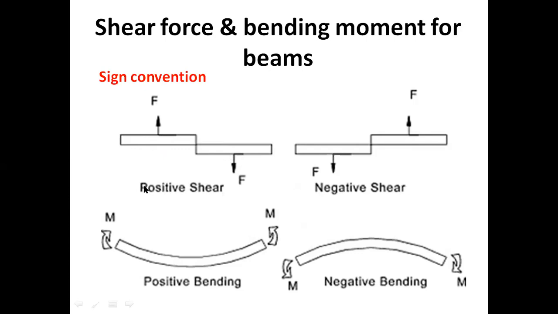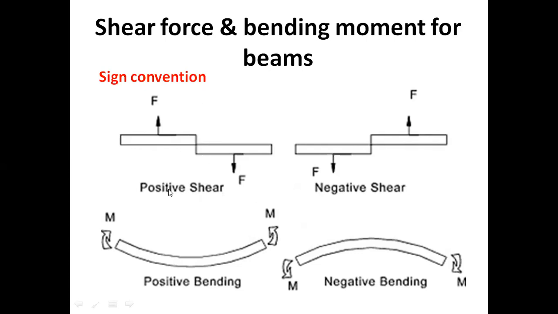we term this as a positive shear. So the sign convention would be a positive shear. Whereas the reverse of this would be a negative shear. If we take a section and the left hand side of the beam moves in the downward direction, whereas the right hand side is moving in the upward direction, we would term this as a negative shear.